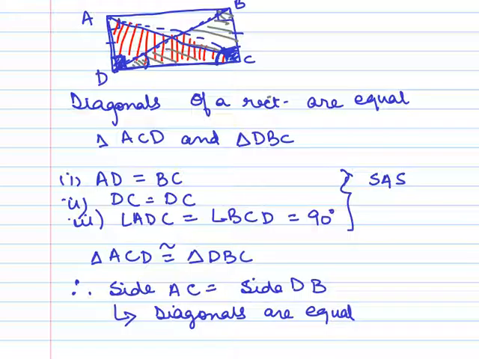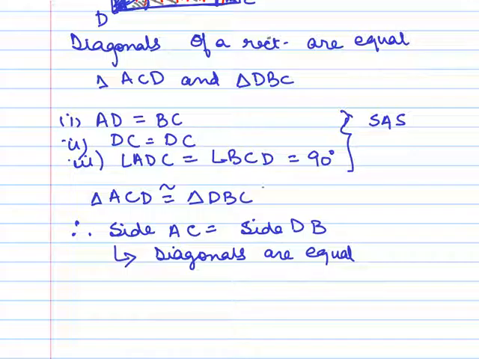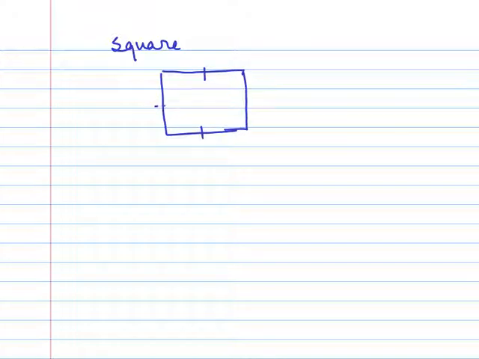Right, so again there is one more special case of a rectangle which is a square. Now a square is a rectangle with equal sides as well. So a rectangle does not have equal sides, but in a square we have equal sides.